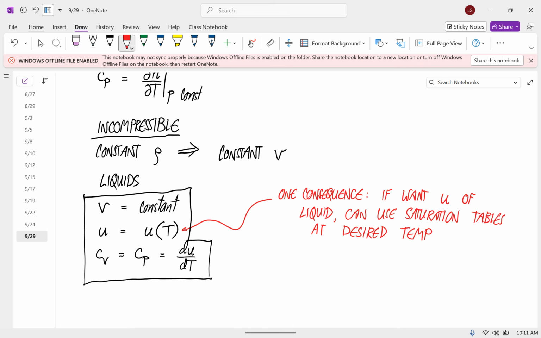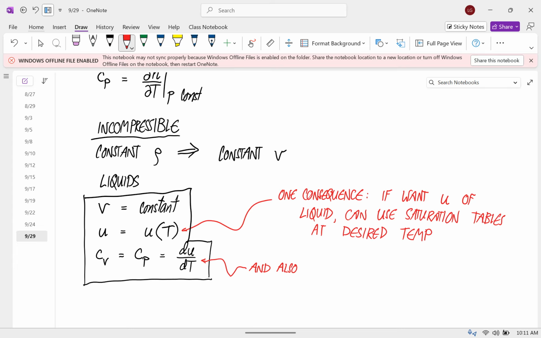And one nice thing about liquids is that not only is this true, and we're just going to call this C, by the way, since they're both the same. That's only true when we're talking about liquids.